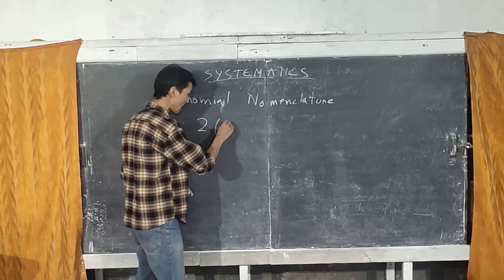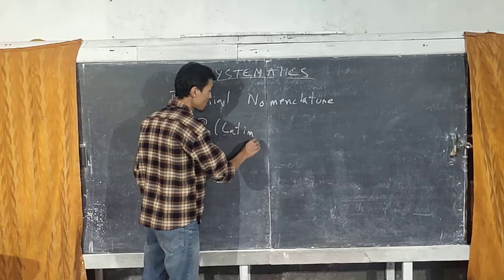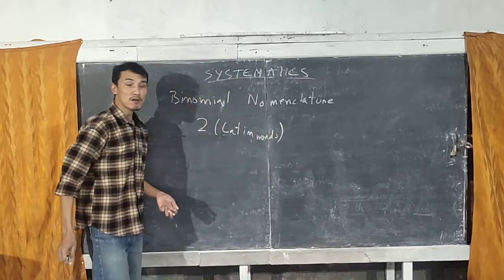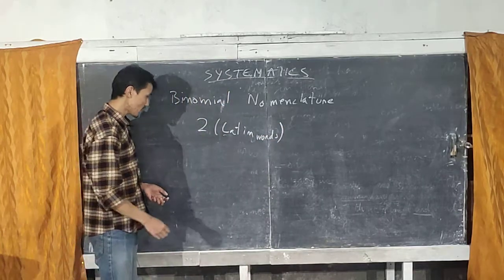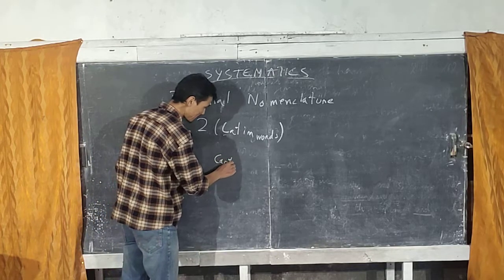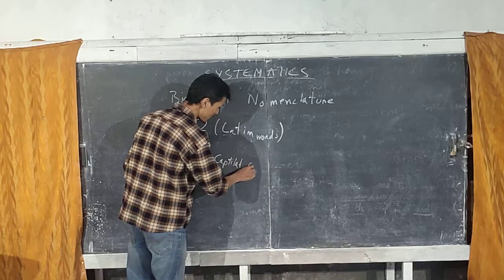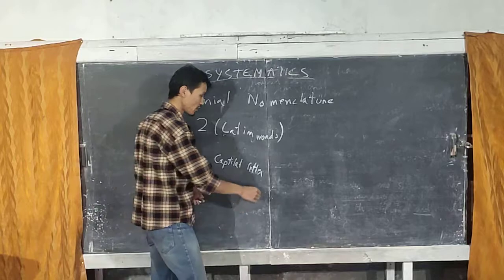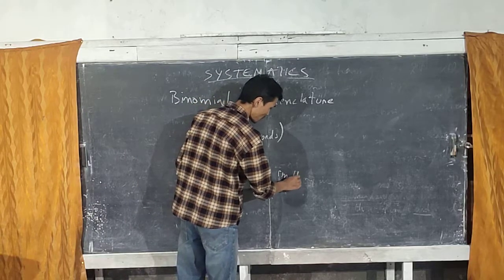Both the names are Latin words. The general rule for a scientific name is that the first word always starts with a capital letter, whereas the second word starts with a small letter.